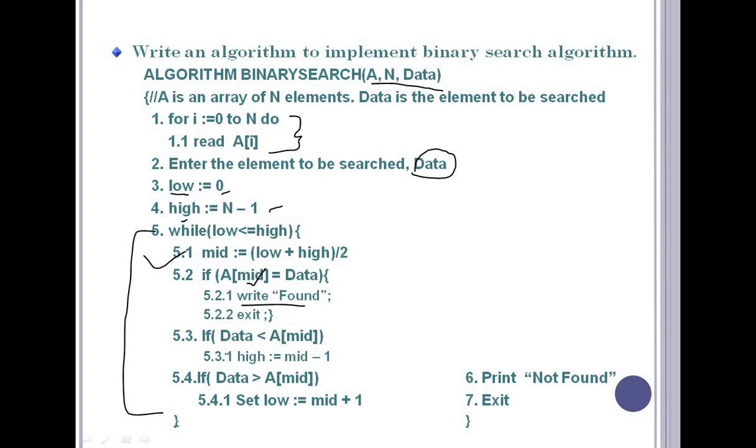If that is not the case, if it is not equal to the element at a of mid, we will see whether the element we want to search is less than a of mid or greater than a of mid. If it is less than a of mid, we have to re-initialize the high so that we discard the second half of the array. If data is greater, we have to discard the first half, so we only re-initialize the low, and the high is going to be the same.